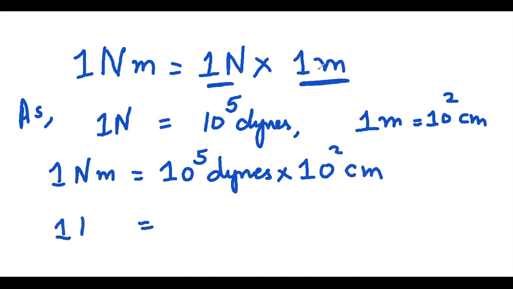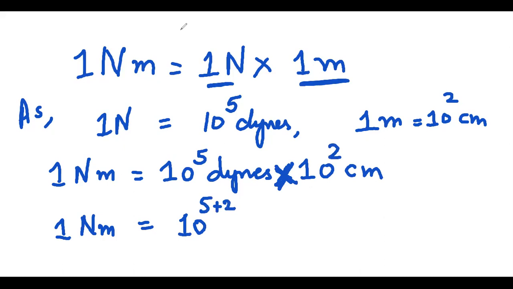So 1 Newton meter is equal to, how many powers are there now? Since it is multiplication, the powers get added up if your base is the same. You have done this in exponents in mathematics also. So when the bases are the same and we have a sign of multiplication, the power gets added up.